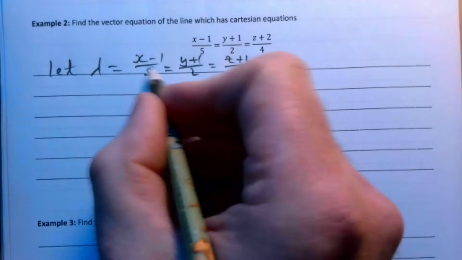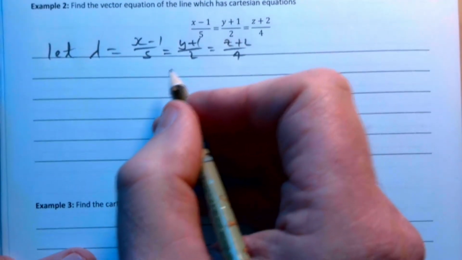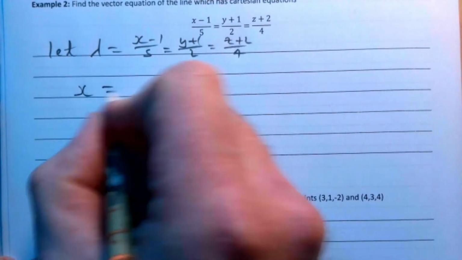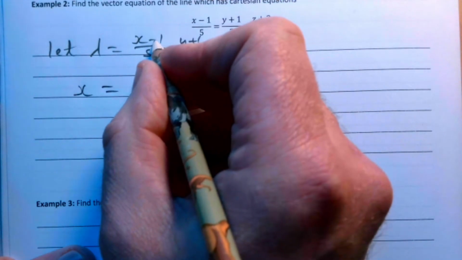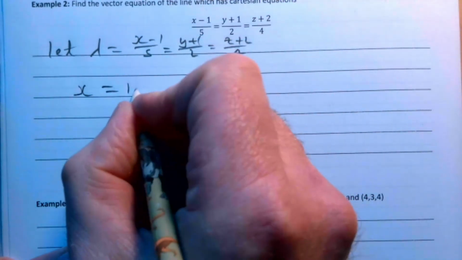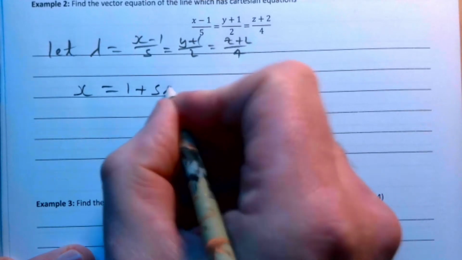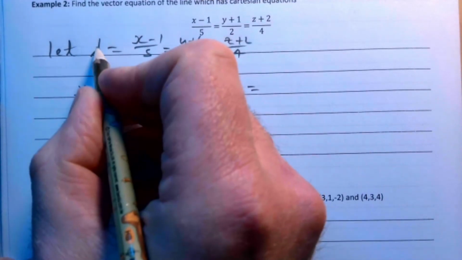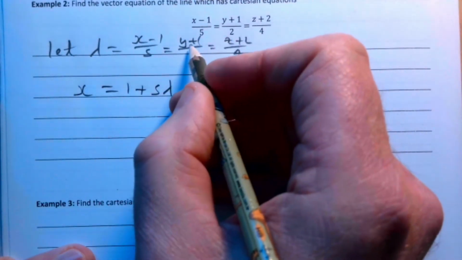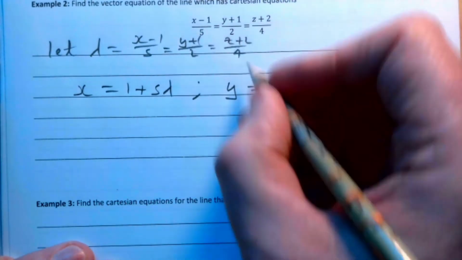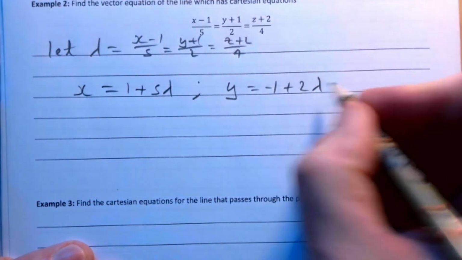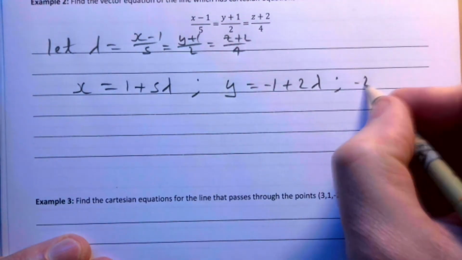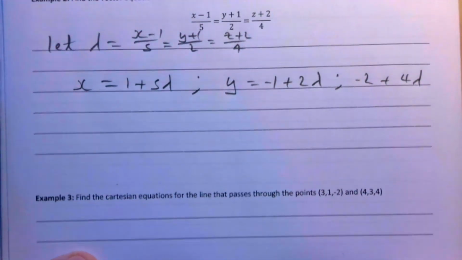Then if we separate it out into the x, y and z bit, x is going to be, I'm going to times by 5 and then add 1, so it's 1 plus 5 lambda. The y bit times by 2, so it's minus 1 plus 2 lambda. And then the z part, minus 2 plus 4 lambda.